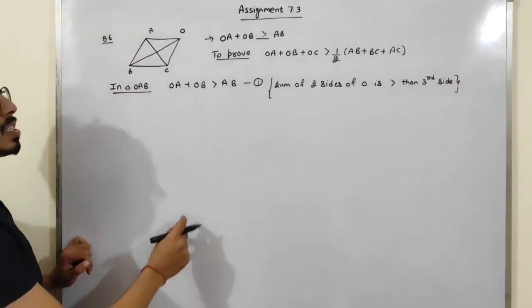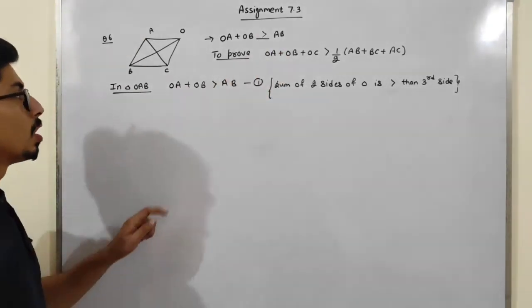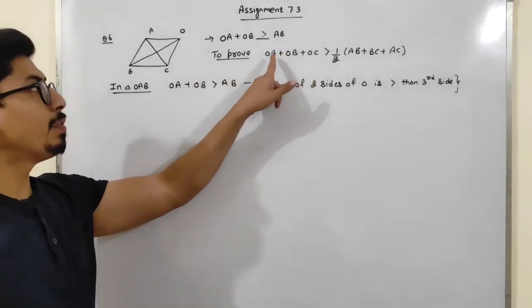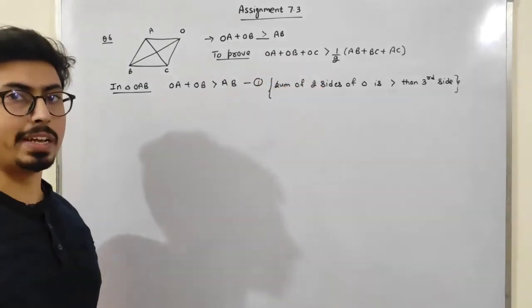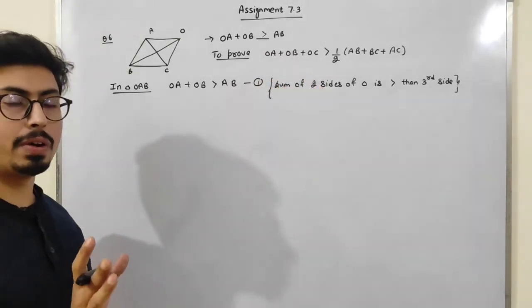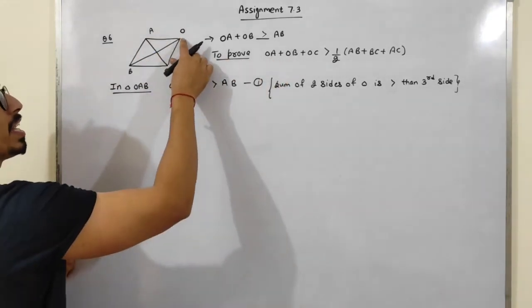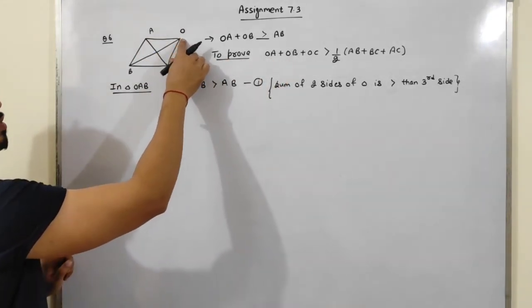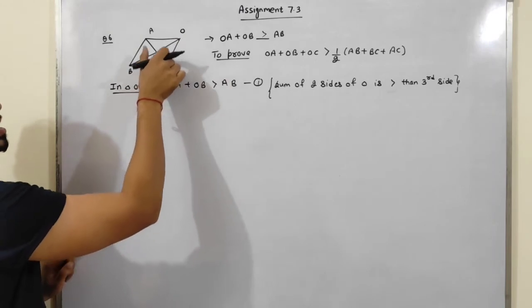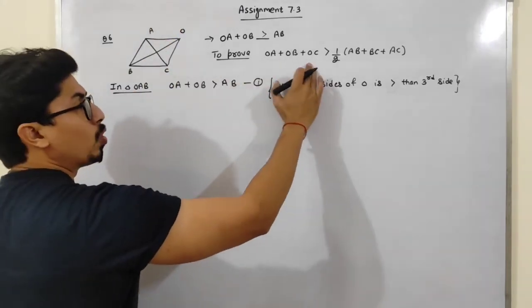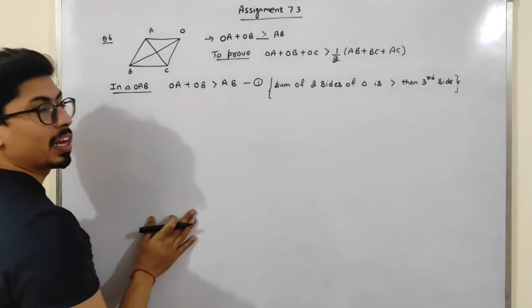So similarly, students, now we have to prove this. On the left hand side we want OA, OB and OC. Now we want OC. If I take OC, then we have two options: I can take BC or I can take OA. Here I don't want BC, BC I want on the right hand side.